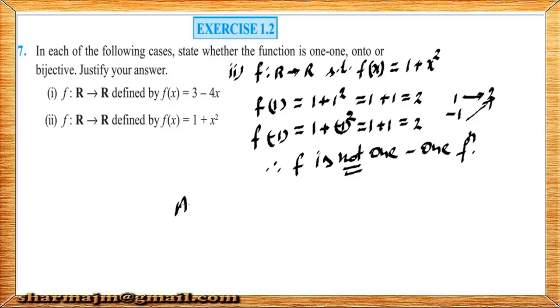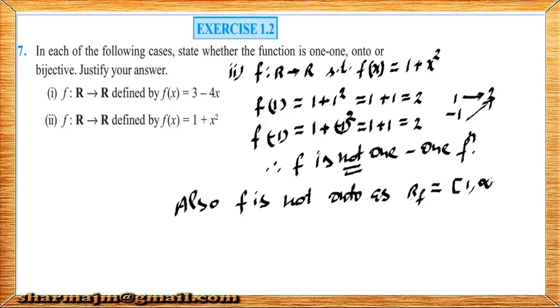Also f is not onto, as range of f will be 1 to infinity, and it is a proper subset of R, that is codomain.